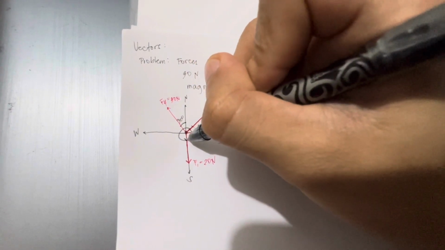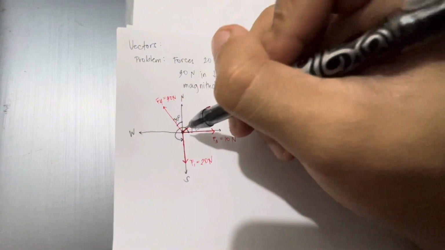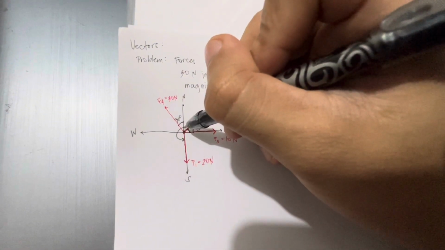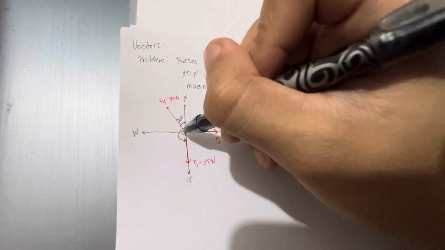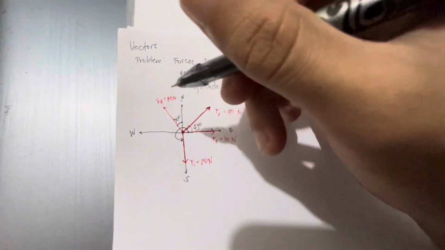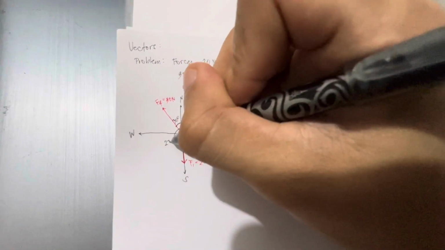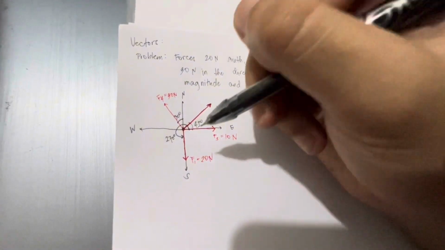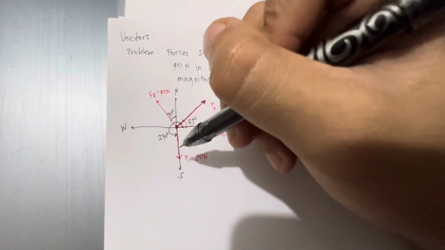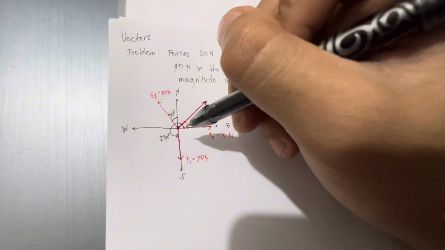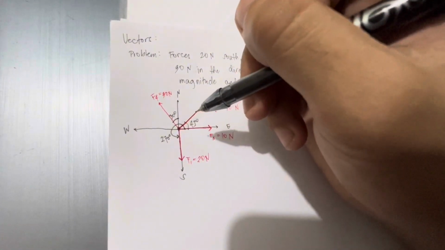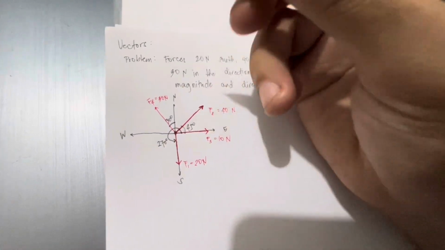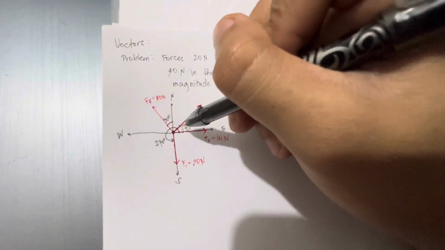Diri padulong diri is 90, tapos 180, tapos 90 pa, so 270 degrees gikan sa positive x-axis. Okay? So force number 2, wala nay problema.